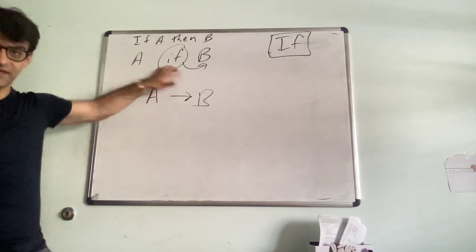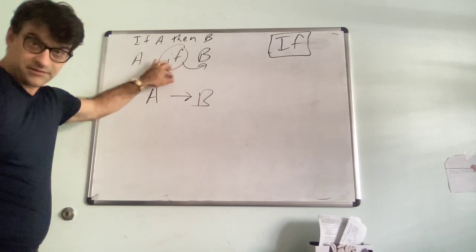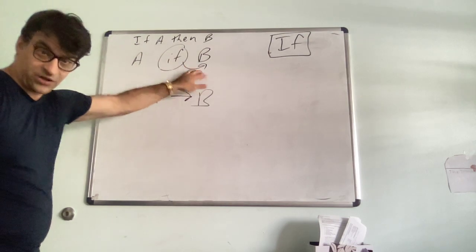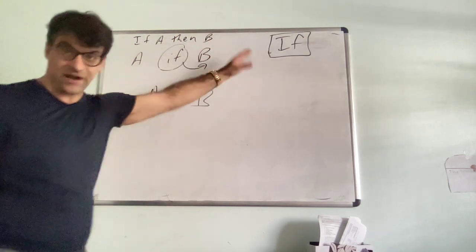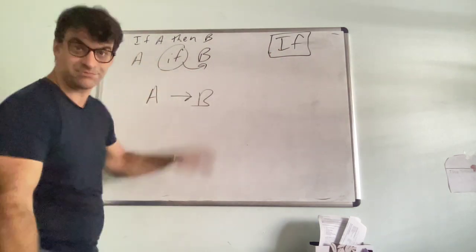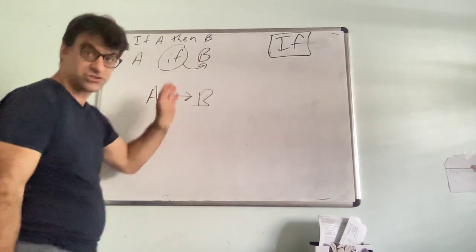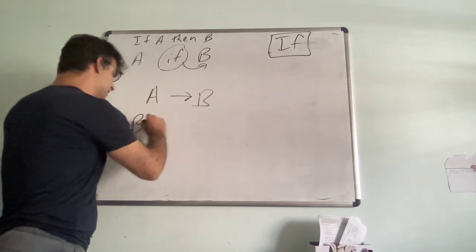Okay? And A if B is saying, if B, so long as B, right? That's if wherever it shows up in the sentence indicates that sufficient condition. So long as B, then A. Or maybe even without B, A is true, right? So this is B arrow A.